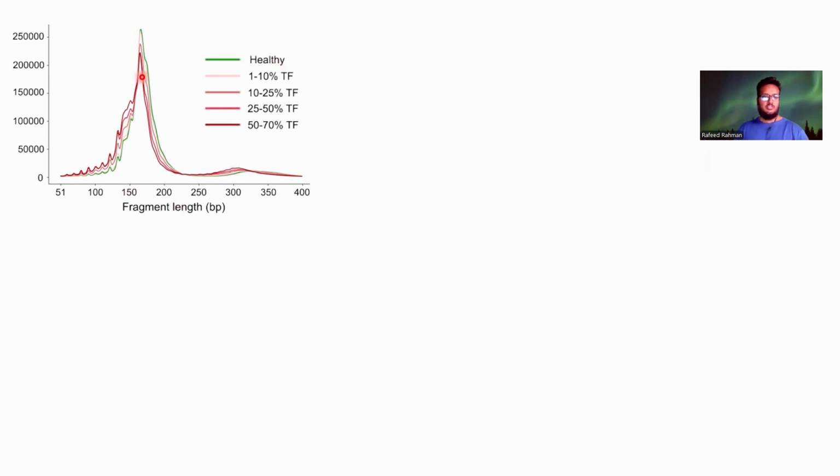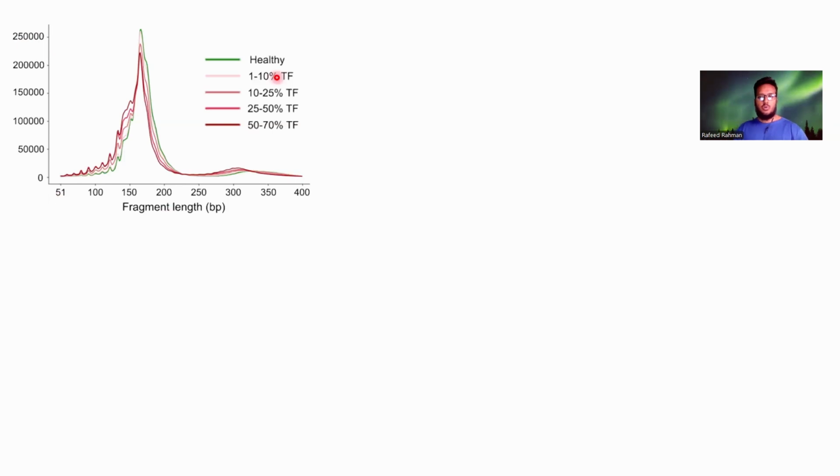You can see there is a peak around 160, 166 base pairs. Most of the cell-free fragments will be around 166 base pairs if you are a healthy person. And these are just counts. I think it's 250K fragments for the 166 base pair fragment length.